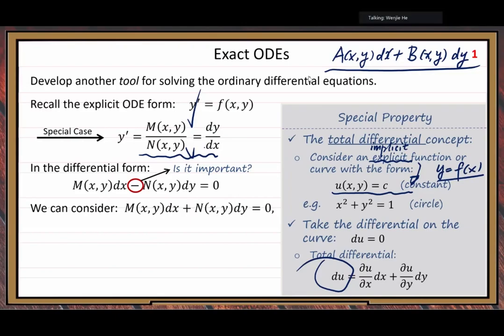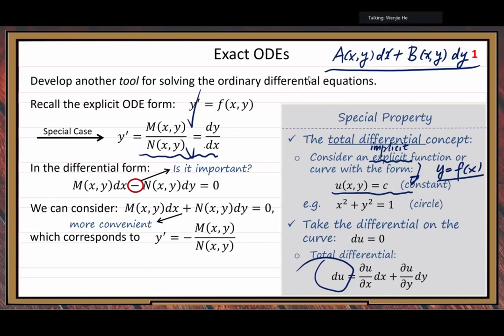Our goal is to make this differential a total differential. So we want to use a plus sign here. Then the corresponding ODE becomes a negative sign now. That's okay. We modify slightly the original equation.